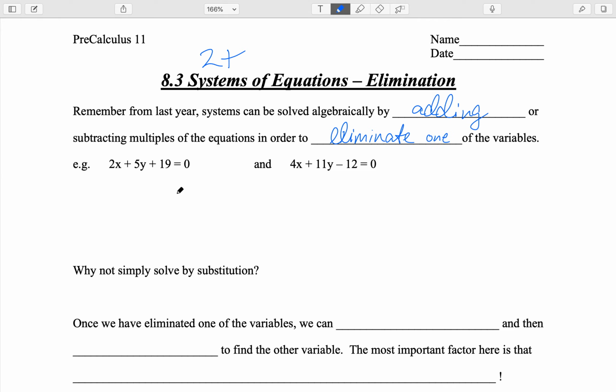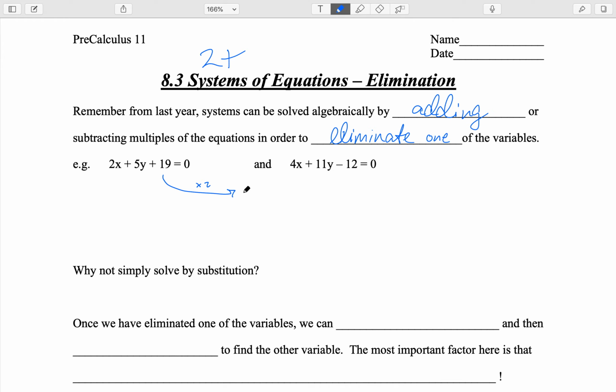We'll solve for that. So for example, here's an equation. This is a linear equation. You did these last year, by graphing two lines or by substitution. But look: 2x, 4x, 5y, 11y. If I double this one, multiplying everything by 2, this becomes a 4x.